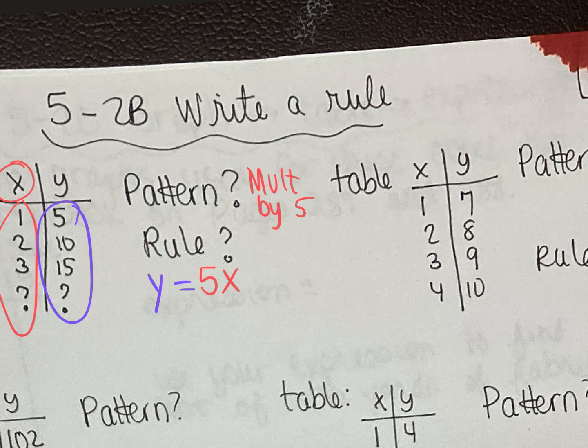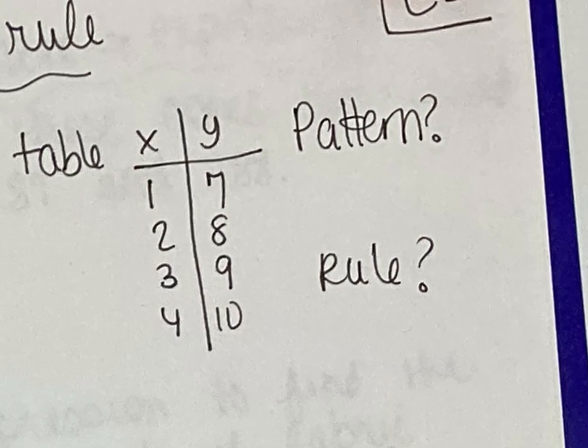Side to side, there is no pattern. So here's what I'm going to do. I'm going to look at the y and ask, what is the pattern up and down? From 7 to 8, what am I doing? Am I doing that same thing from 8 to 9, from 9 to 10? So type in what you think the pattern is.